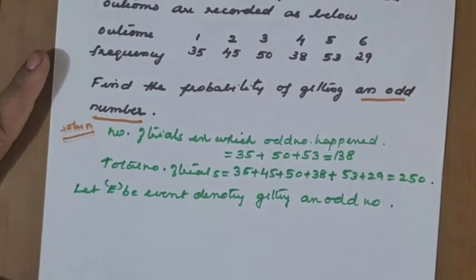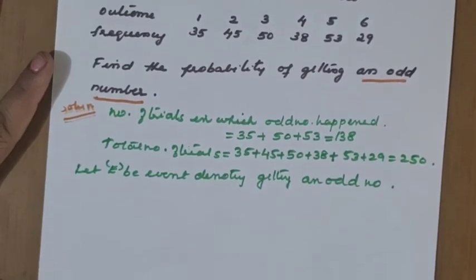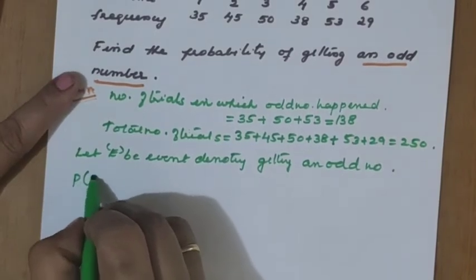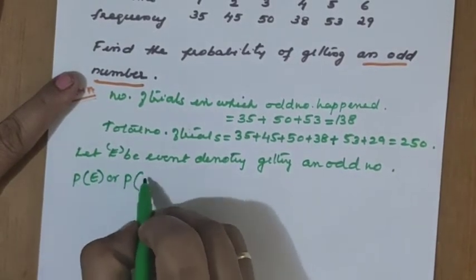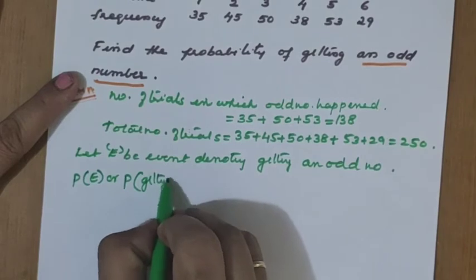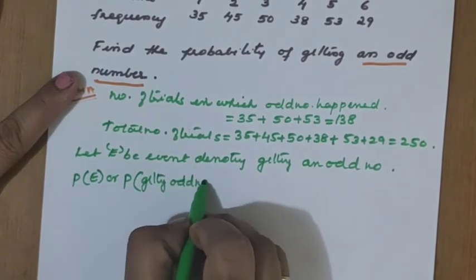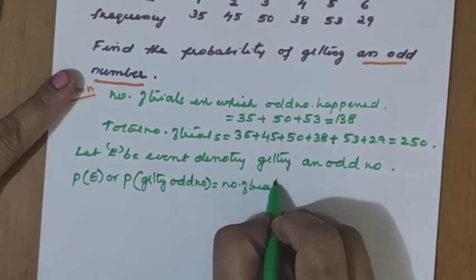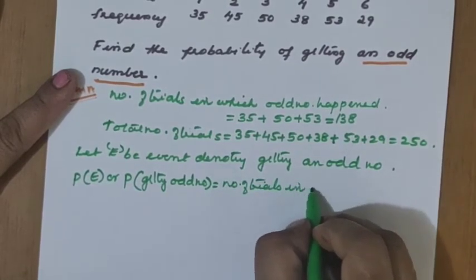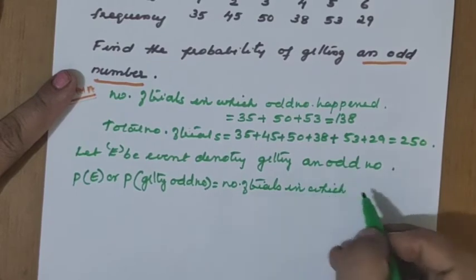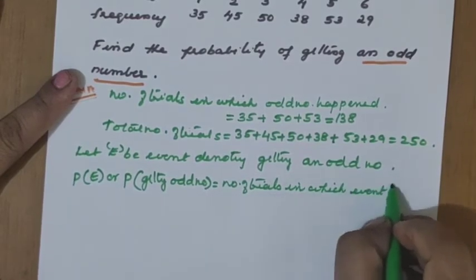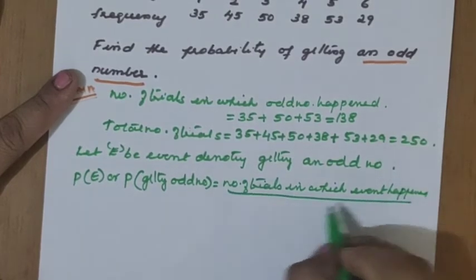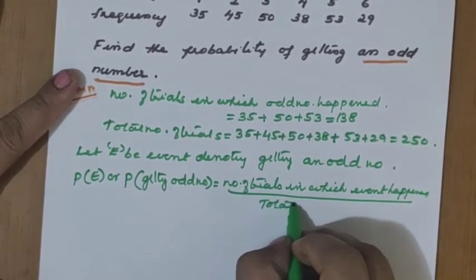Therefore, P of E, or we can write P of getting an odd number, equals number of trials in which event happened divided by total number of trials.